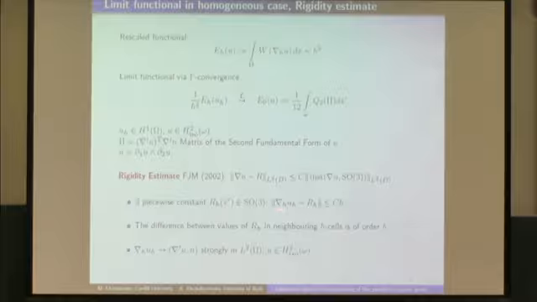Now, what are the key elements of their proof? This is the most important technical element, which allows one to rigorously pass to the limit when you linearize from nonlinear elasticity to linear elasticity. This is the rigidity estimate.